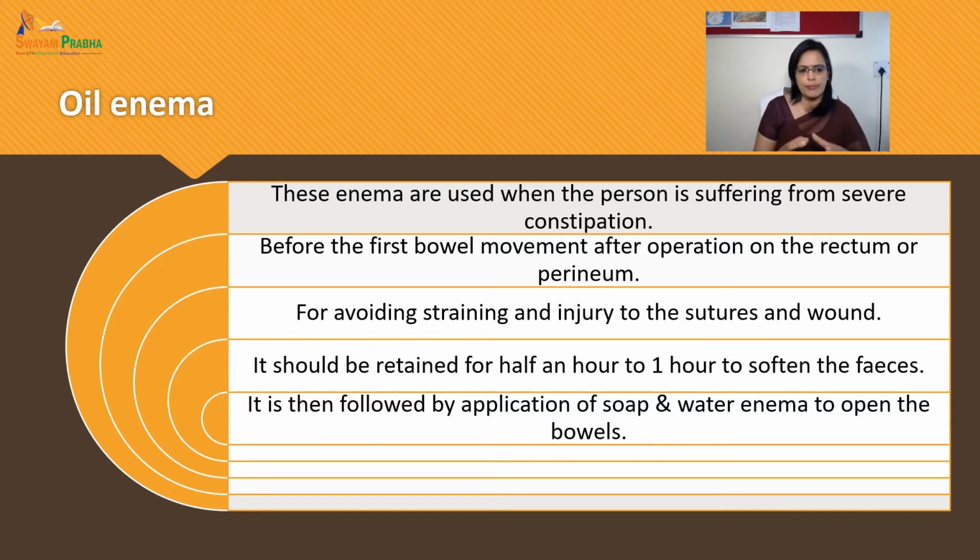It should be retained for half an hour to 1 hour to soften the fecal matter. It is then followed by a soap and water enema to open the bowel movement.